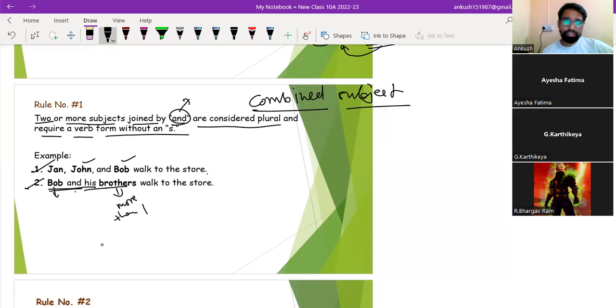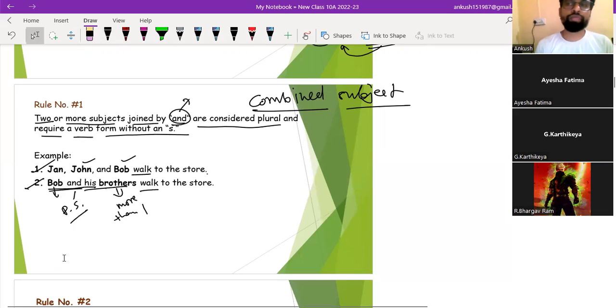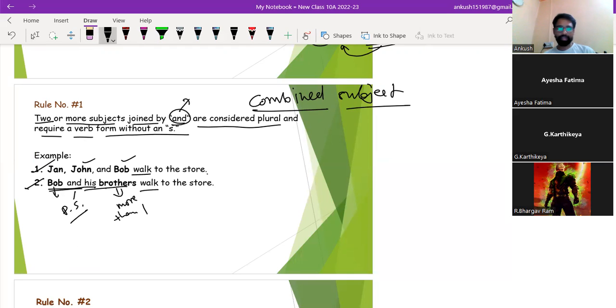That is why it is considered a plural subject, and the plural verb is used for subjects which have come with the conjunction and, as and makes them plural. Have you got it?